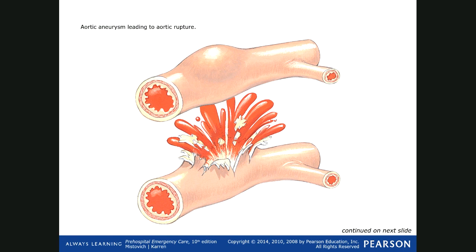Just a little history about aneurysms. Most aneurysms, this one or this one, can be in your body up to 5 years and you never know it. So how are most of these found? Most of these are found by mistake.